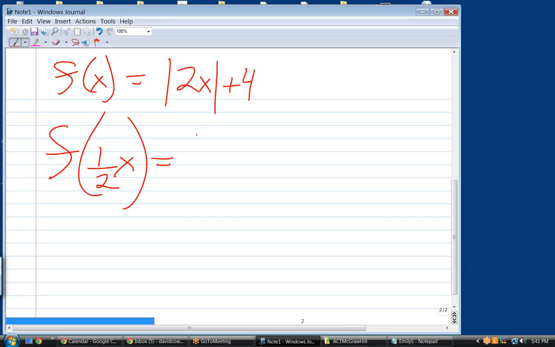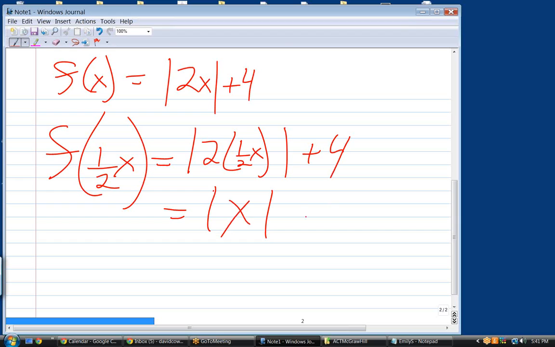It would become the absolute value of 2 times 1/2 x, absolute value sign, then plus 4. Now simplify inside the absolute value. It'd be 1x. Just x. Yeah, we don't usually write the 1 unless it's being added or subtracted. If it's a multiplier or divider, we don't do it.